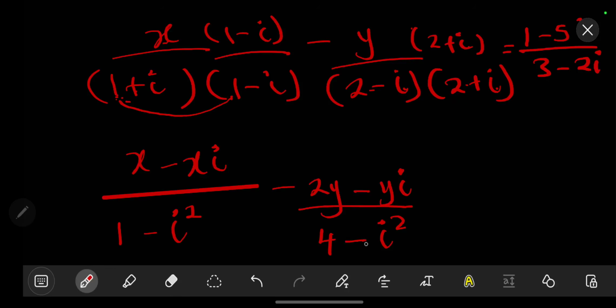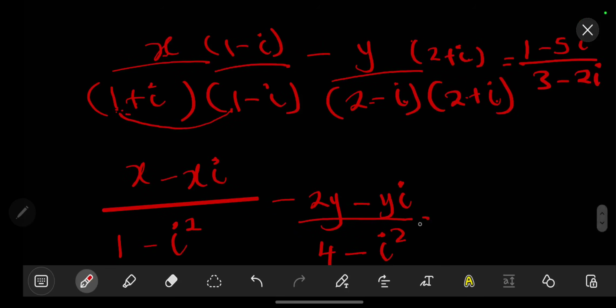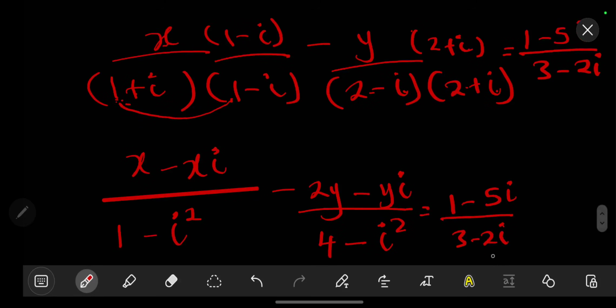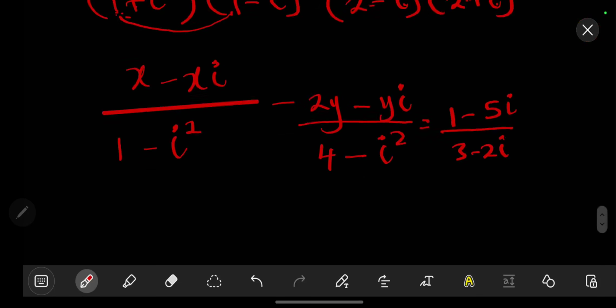So we are going to have something like this, should be equal to, we have our 1 minus our 5i like that, over 3 minus 2i. Let's conjugate the denominator by multiplying. Okay, let's reduce it first.